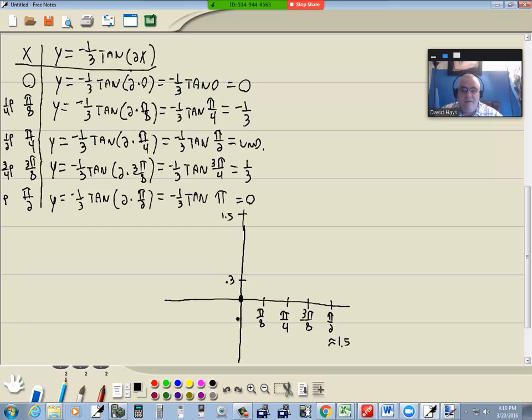And negative 0.3 would be right here. If you're trying to get a fairly accurate graph, it's nice to keep it consistent. If this distance is 1.5 here, then that distance should also be 1.5. Okay, so then 0, 0, pi over 8 and negative 1/3, I'll put them in red. Be right there. Pi over 4 is undefined, which means there's an asymptote there.